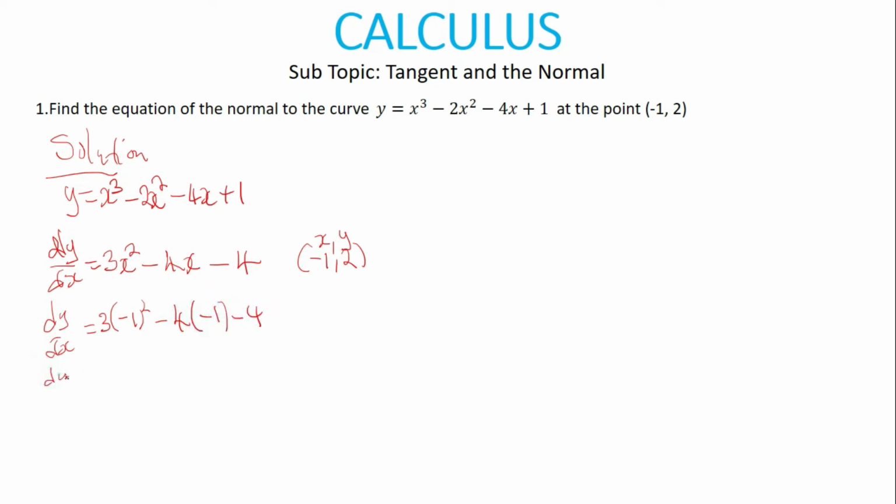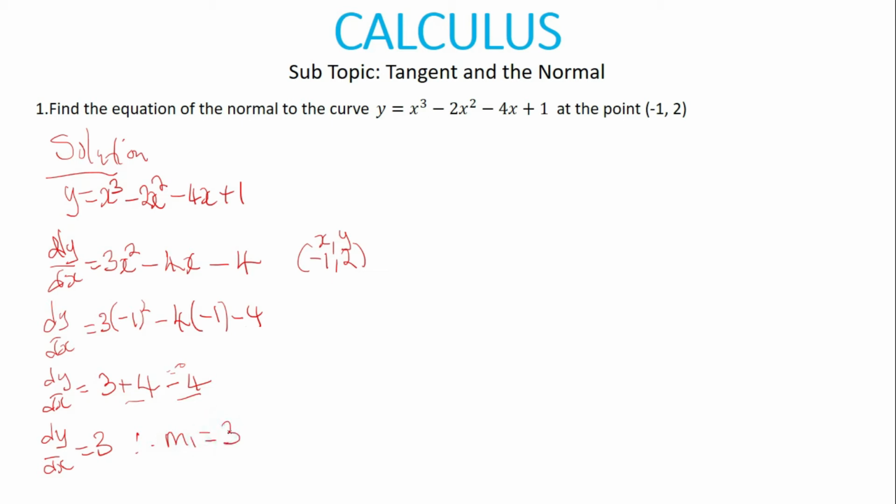So this is dy/dx is equals to 3, because negative times negative is +1, 1 times 3 is 3, then minus 4 times -1, we're going to have +4, then minus 4, that is just here. Then this is basically just 3, because this and that are going to subtract and give us 0. So the gradient, therefore your m1, is going to be 3.